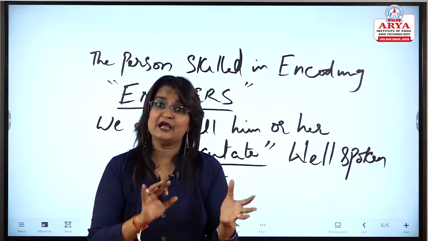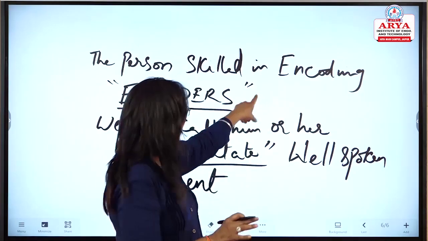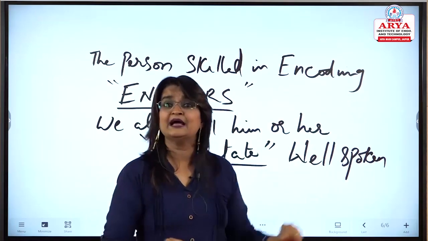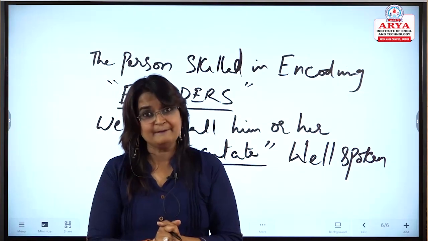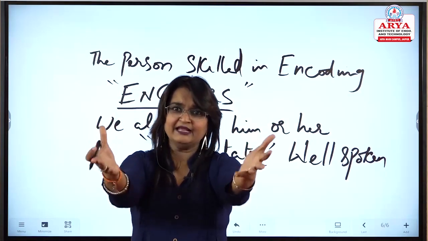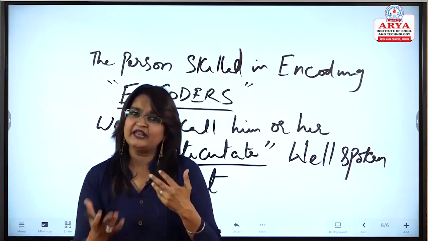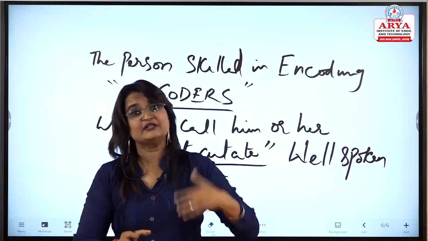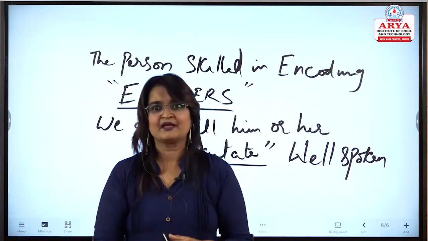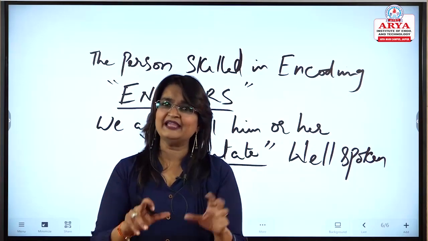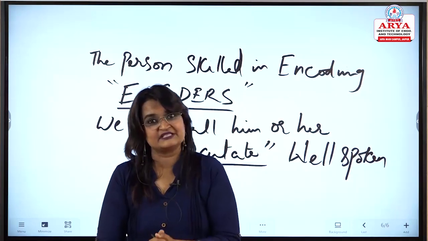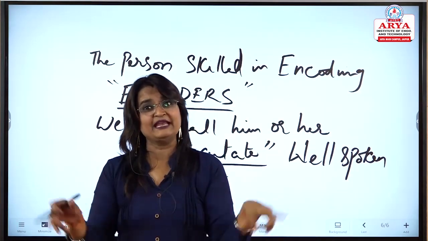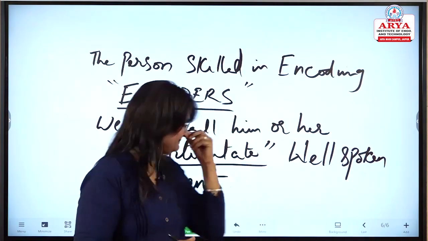If I understand the crowd properly, my encoding would be in a proper way, and then the decoding, your understanding, would also be in a proper way. So the sender and the receiver both would have perfect communication, I would say. So the process would be in a proper manner.